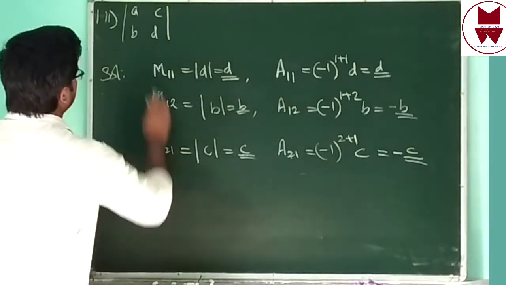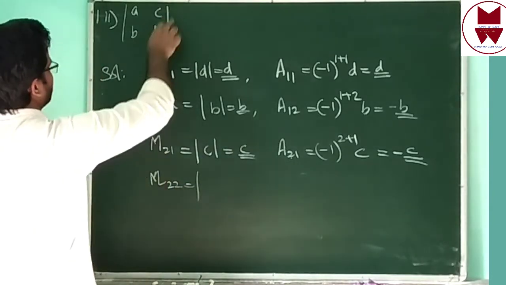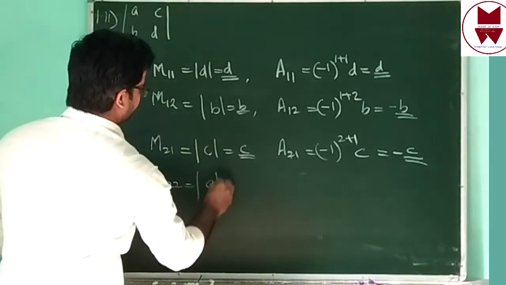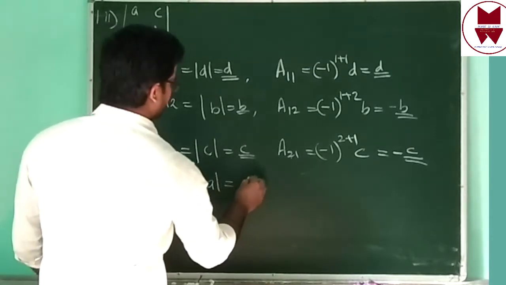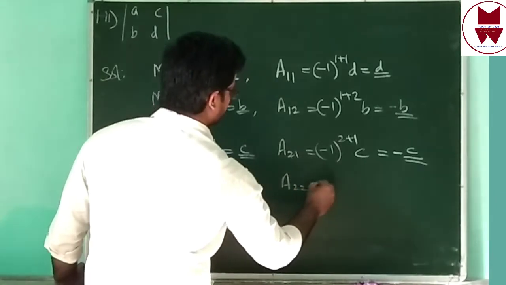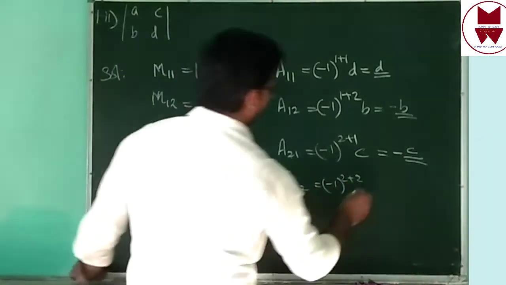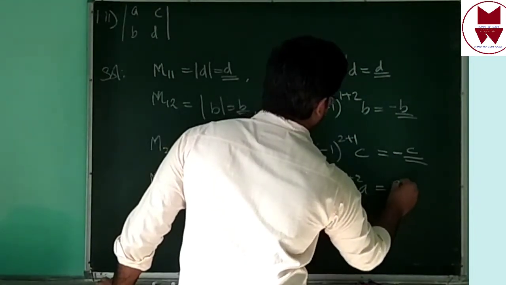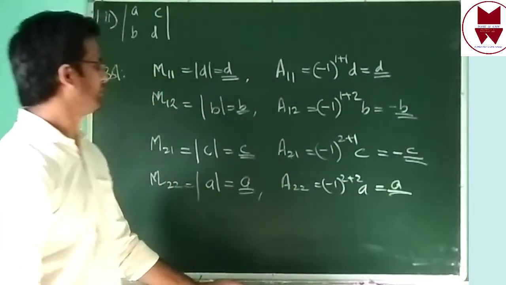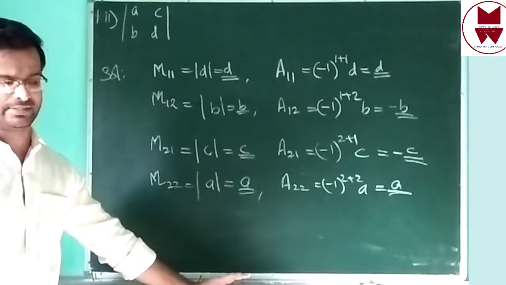Then M22, determinant of, just leave it this D, then A remaining. That will be A. A22 minus 1, 2 plus 2, then minor is A. Answer A. Then we got all minors and cofactors, isn't it?